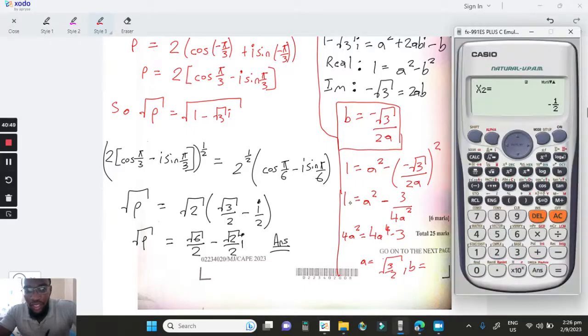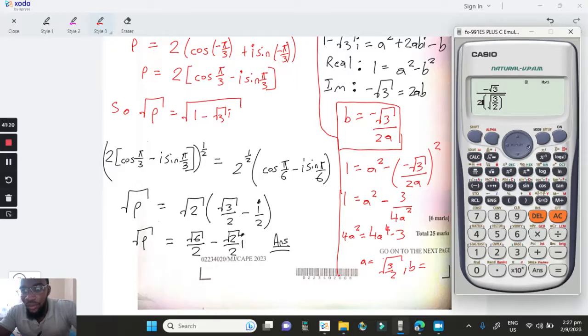And you just put it in your calculator. Minus root 3 over 2 times a, which is the square root of 3 over 2, and this would give you b.